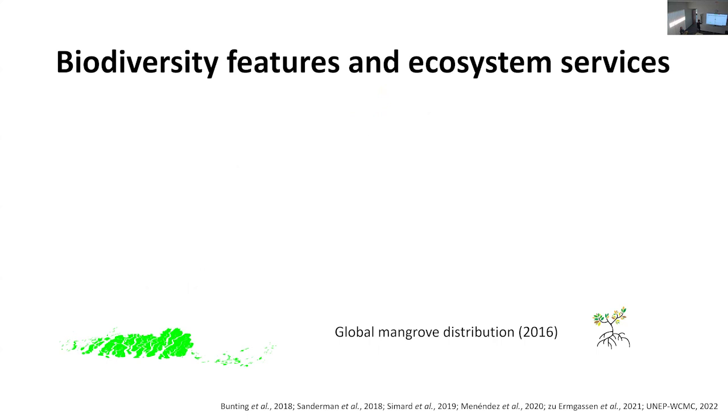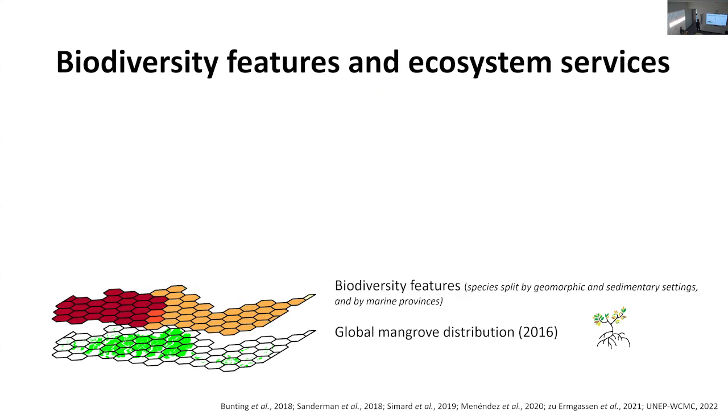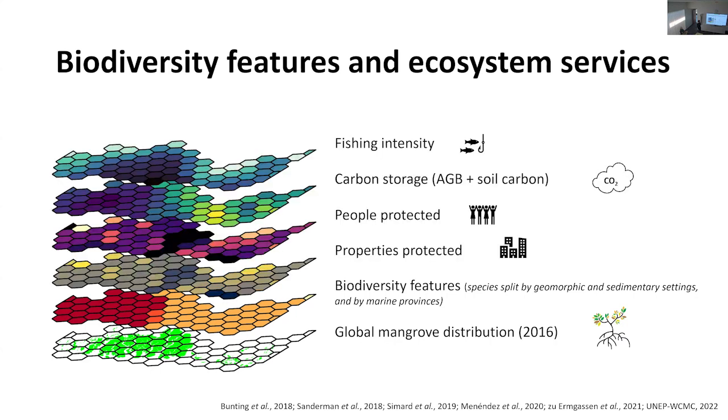So what we did was we started from the global mangroves distribution of 2016. We overlapped it with planning units that divide the distribution in multiple areas that can be selected or not. And then we overlapped it with these biodiversity features, so the species that were divided by geomorphic and sedimentary setting, and then also by marine provinces.